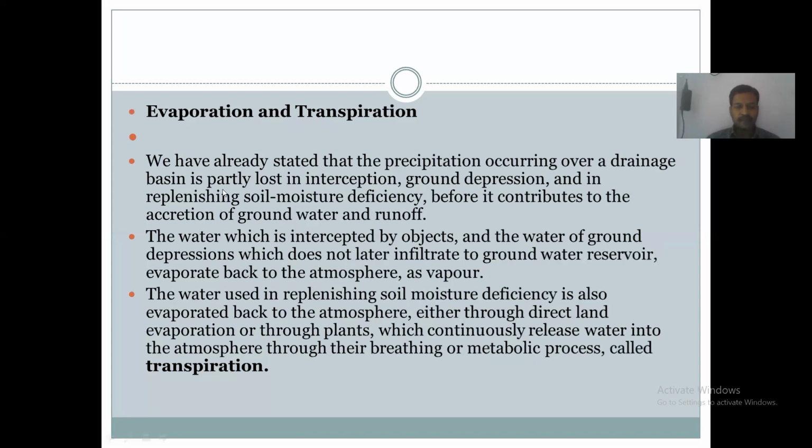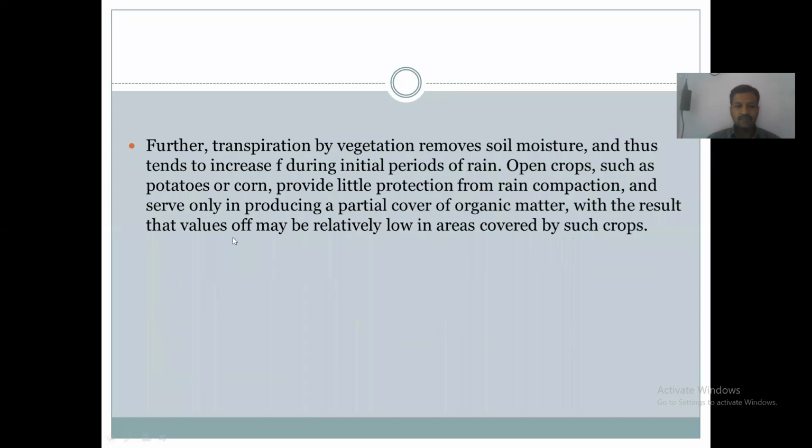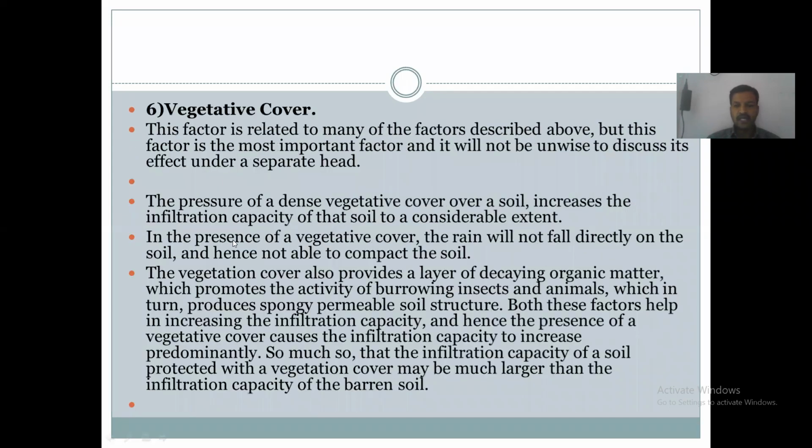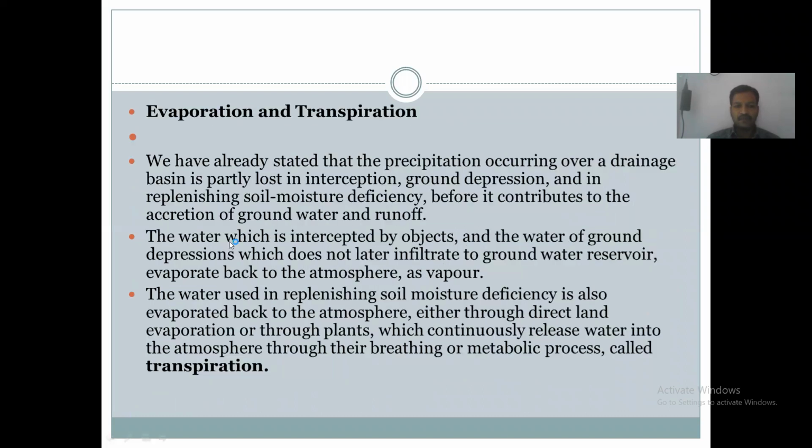In the first term we have seen precipitation. Second term is infiltration. So after precipitation and infiltration, the water percolates into the ground, or the excess water will flow over the ground surface.